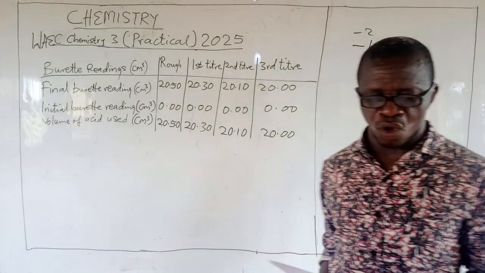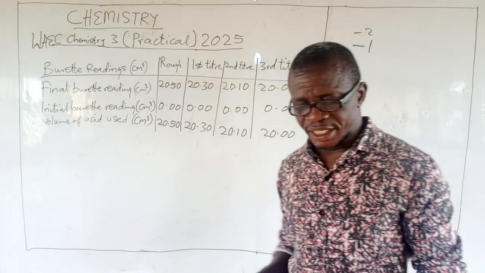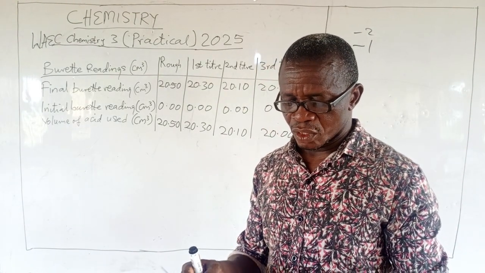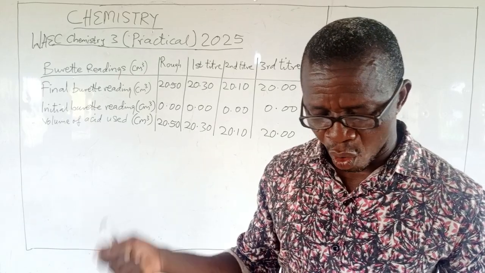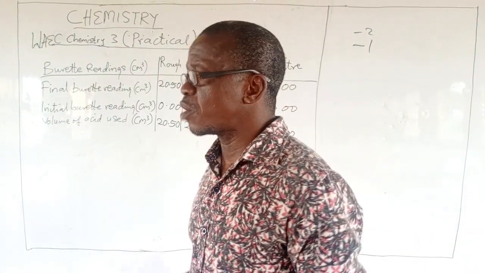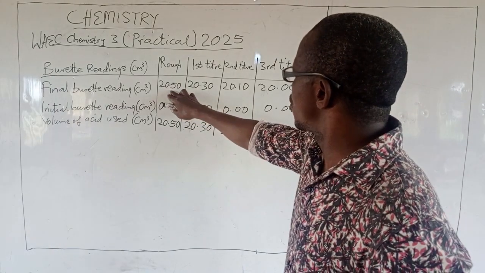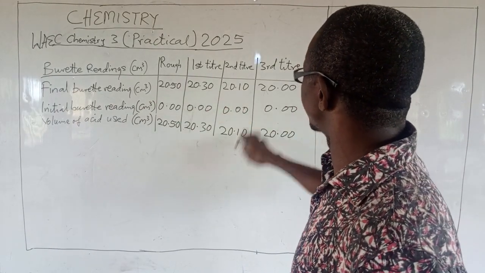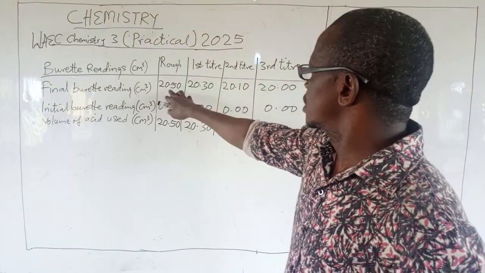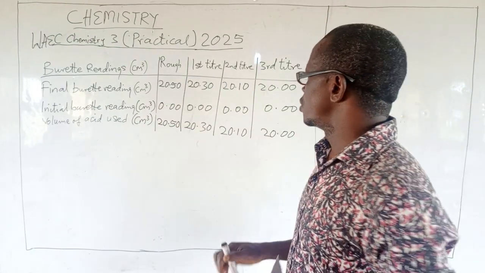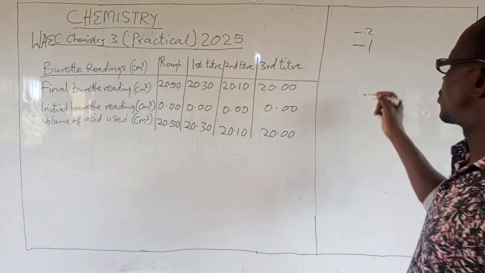Now another point, consistently reading burette with nearest whole number or one decimal place. These are values from burette. You are reading them with whole numbers or with one decimal place.